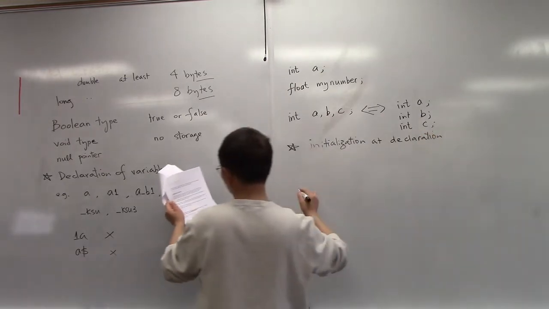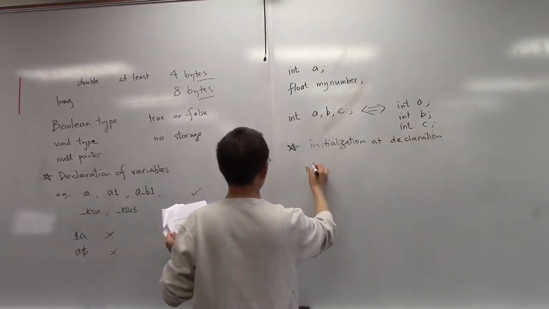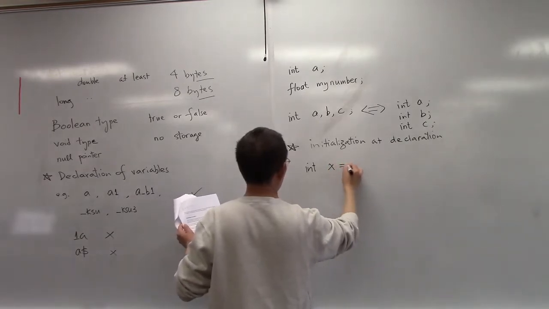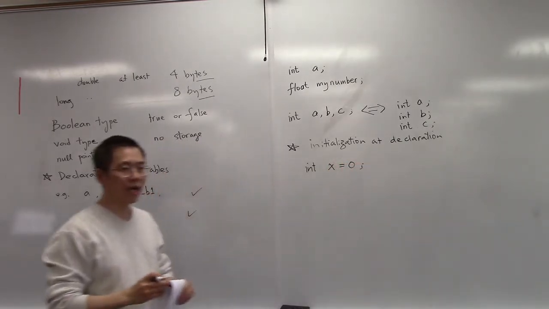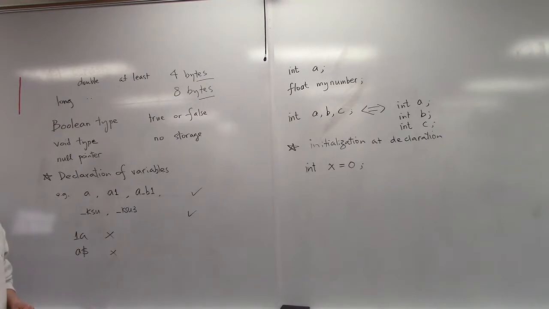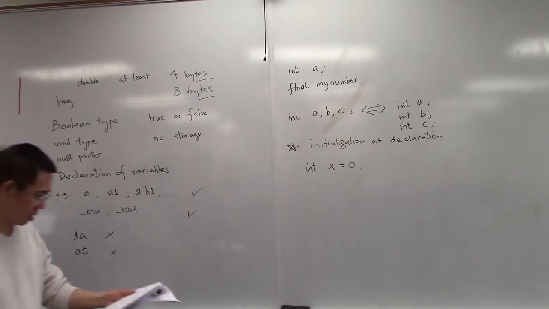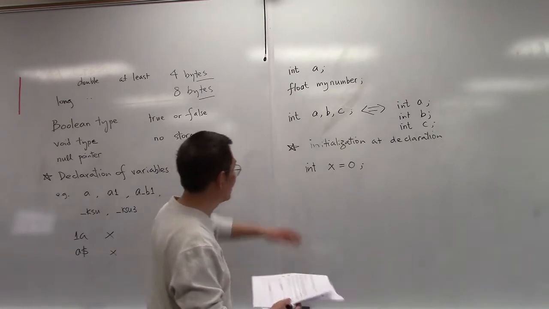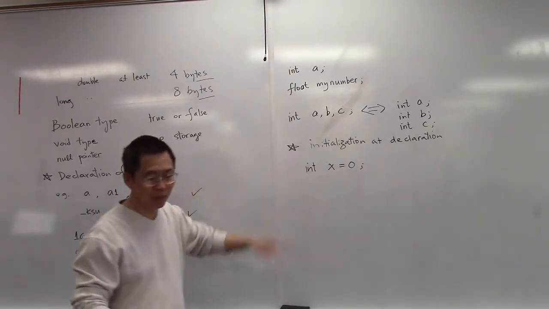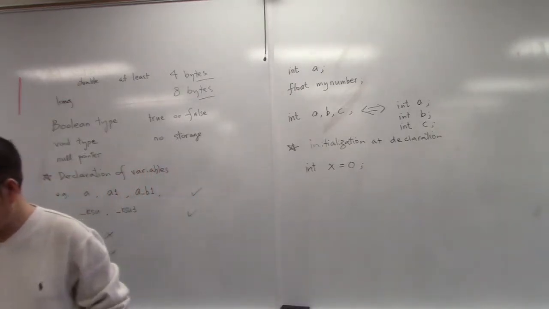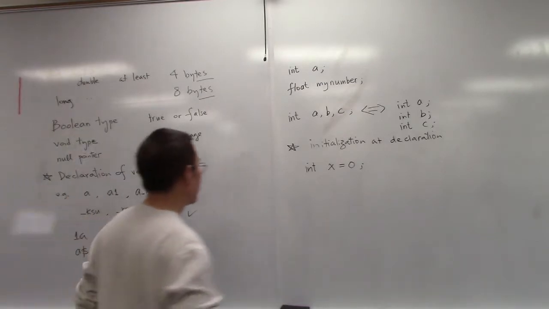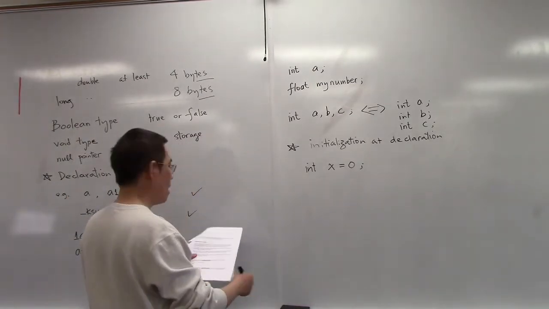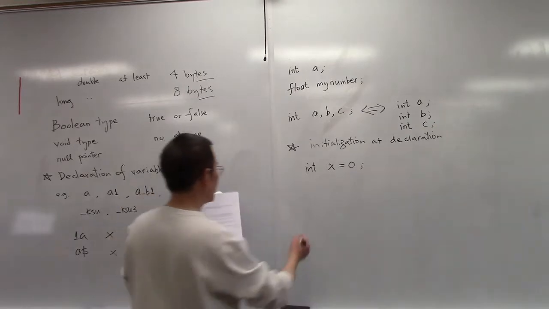Example will be, if I say int x = 0, it will declare x as an integer type variable, at the same time set its value to 0. And then, this is the old version of C++. I think in recent years, they allow two other types of initialization.